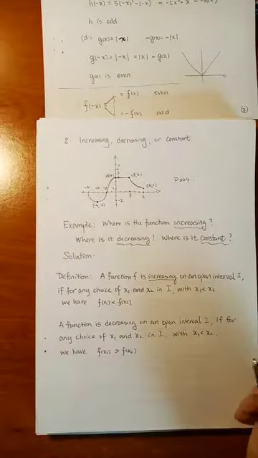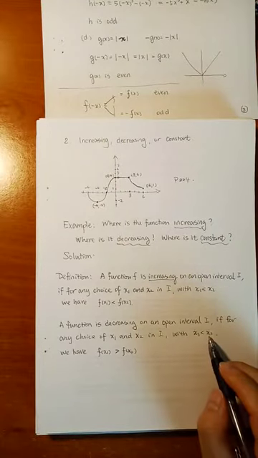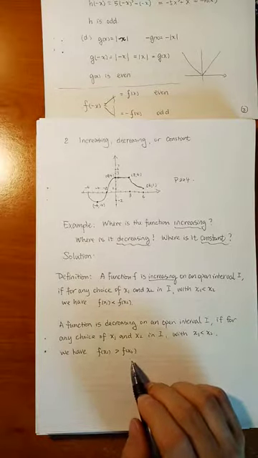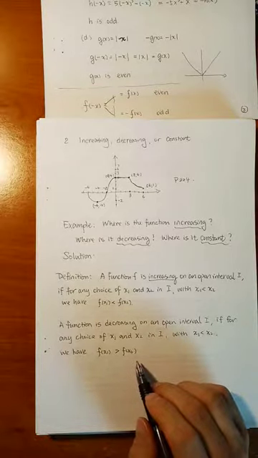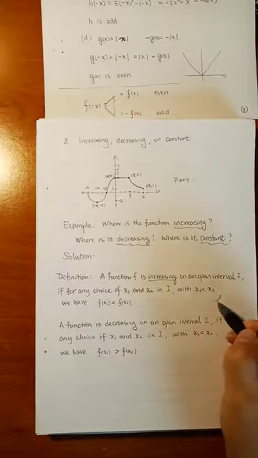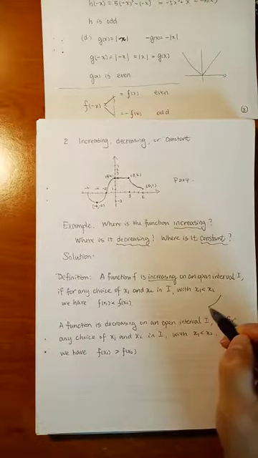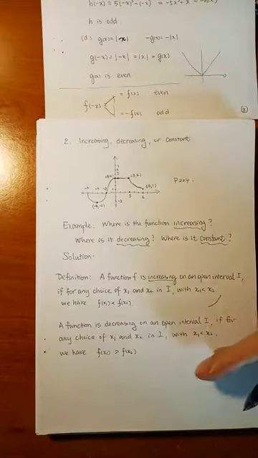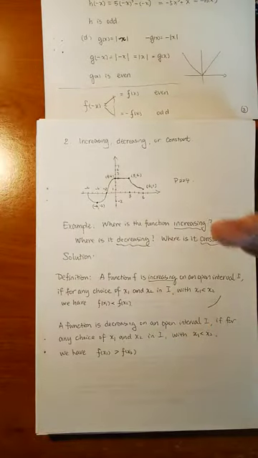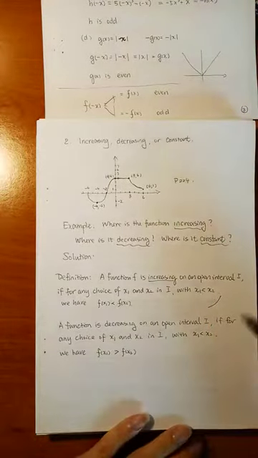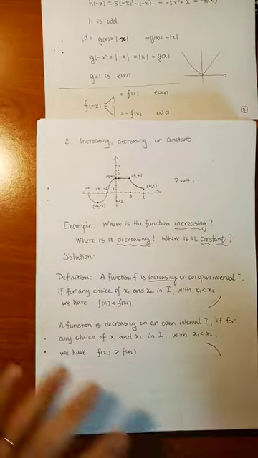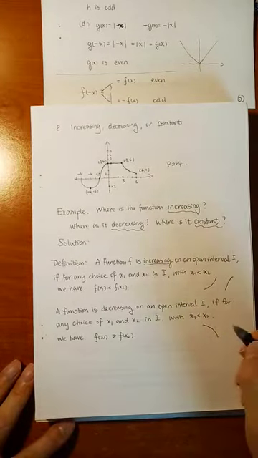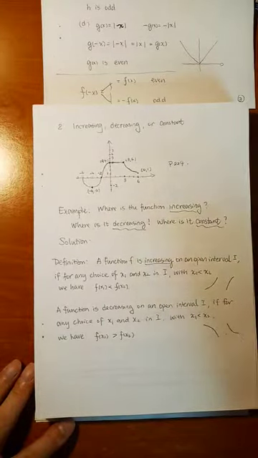This is decreasing. It means greater input gives you the smaller output. Increasing, you can draw this type of curve. Smaller input is on the left side, greater input is on the right side. Smaller output is lower, greater output is higher. So increasing is always this way. Decreasing is like this.